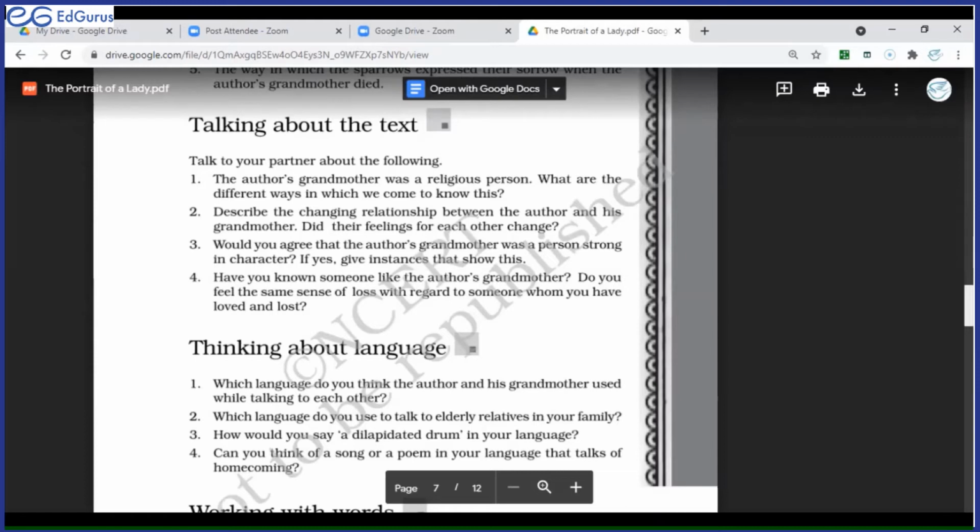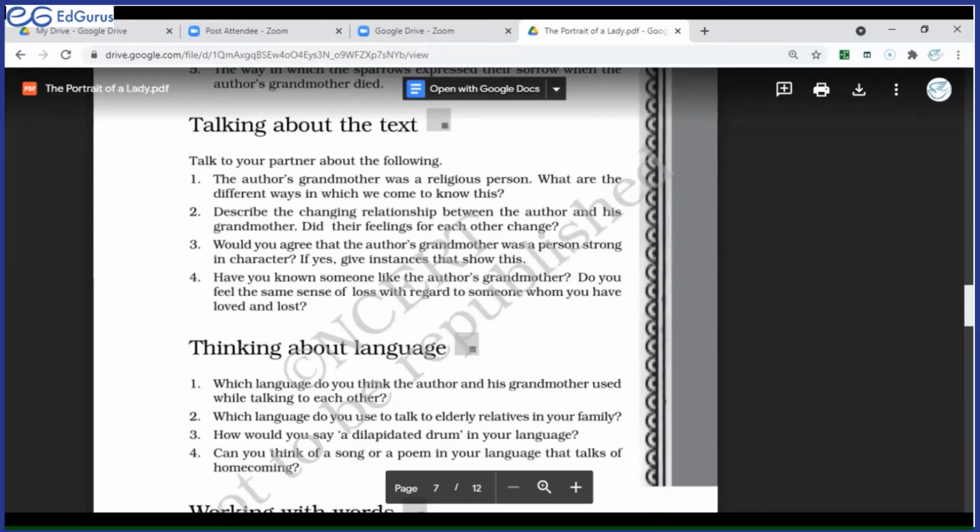Another thing is she would spin the wheel, and while spinning the wheel also, she would recite her prayers. Just before her death also, she was praying. She refused to talk to everyone in the family because she wanted to carry on with her prayers, as she felt that she had missed the prayer last night.